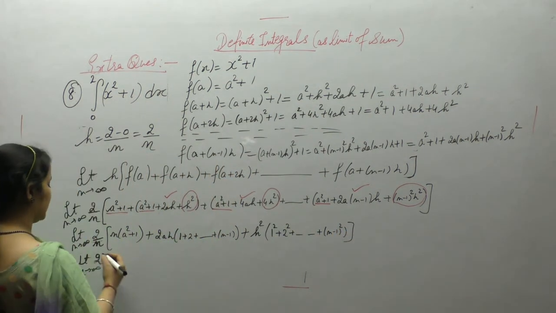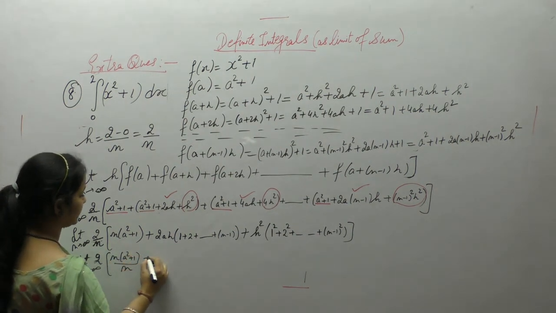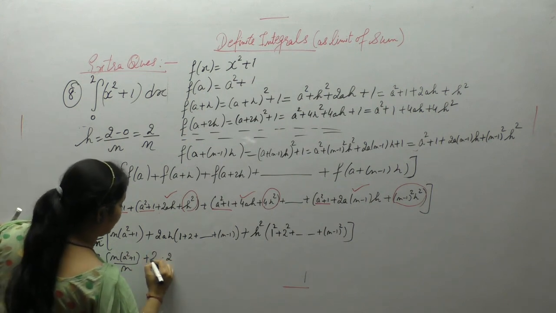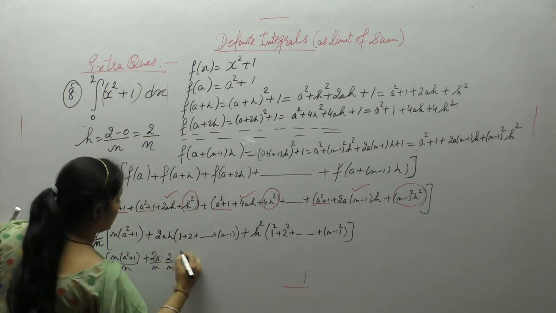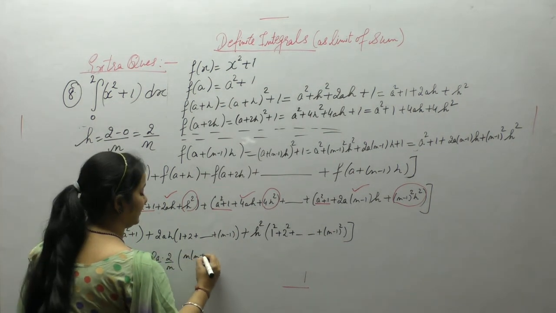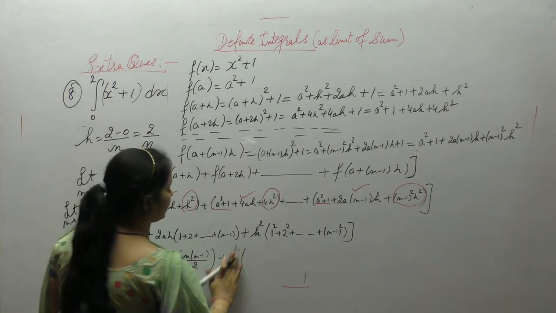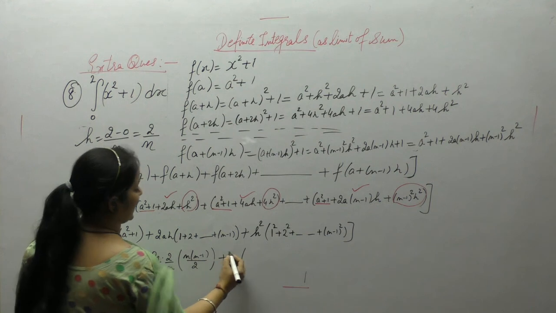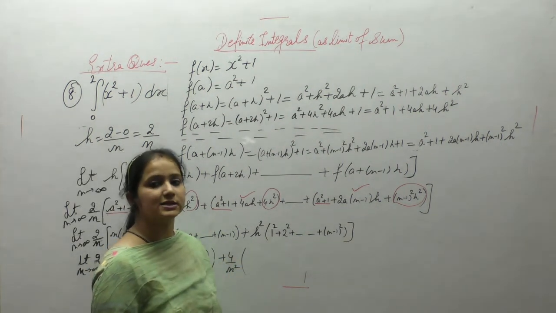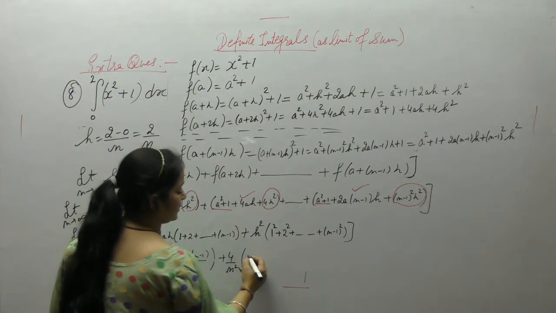Now apply the formula. n times a square plus 1 upon n, h is 2 by n, 2a, sum of n minus 1 terms of AP, n minus 1 by 2, sum of squares of n minus 1 terms. h is 2 by n, so h square is 4 by n square, into n.